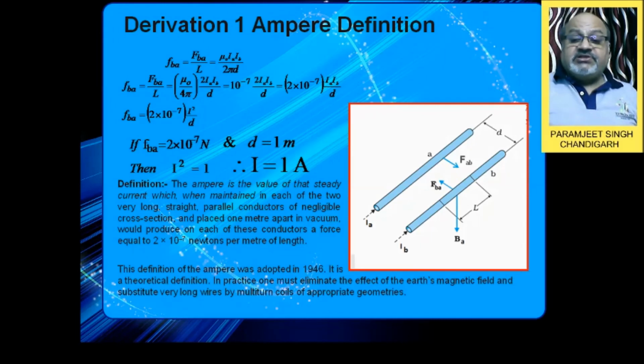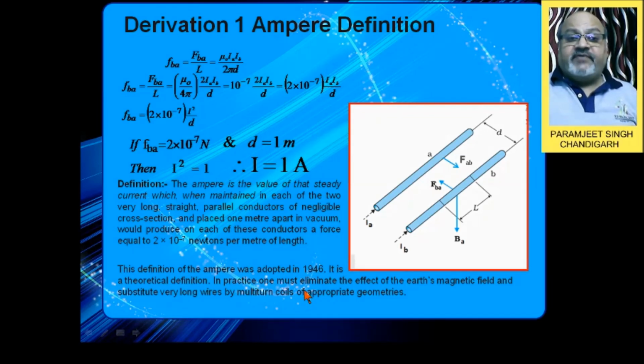Now, this definition was adopted in 1946, but still, this is a theoretical definition, not completely fit, because here we have neglected the impact of Earth's magnetic field on force, and also such a long straight conductor is practically very difficult. To make a very long straight conductor, we have to convert the conductor into some sort of coil having multi turns.